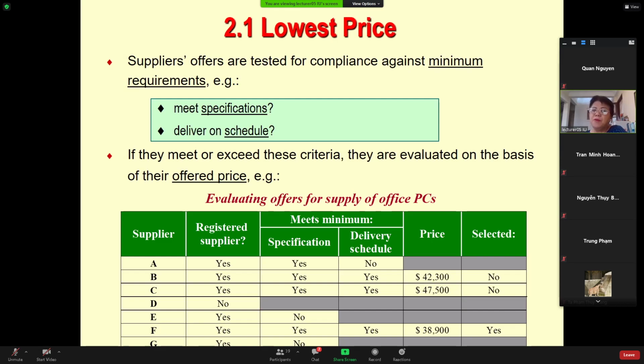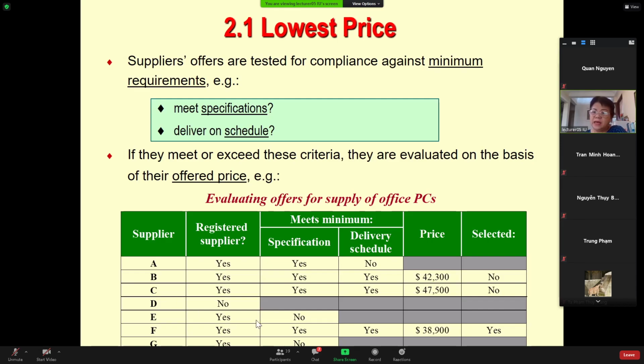And normally the minimum requirements are the specification and the schedule, whether the offer from the supplier meets the specification and meets the schedule. Those are the minimum requirements. Besides the specification and delivery, what is the price?